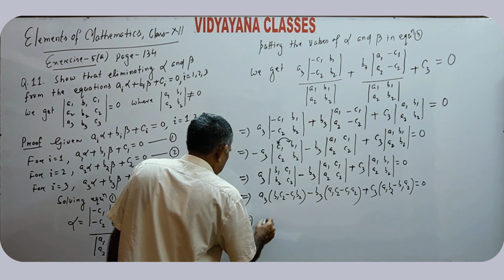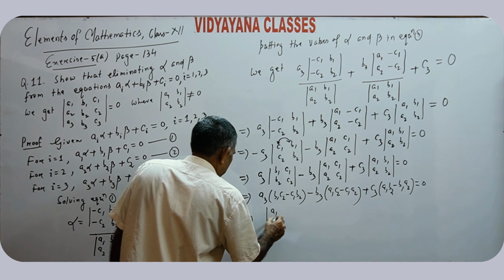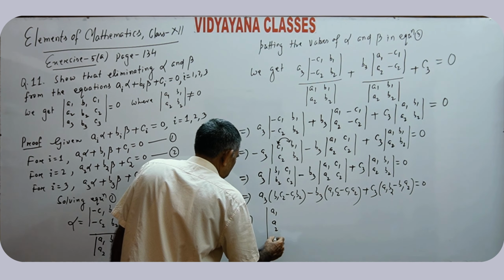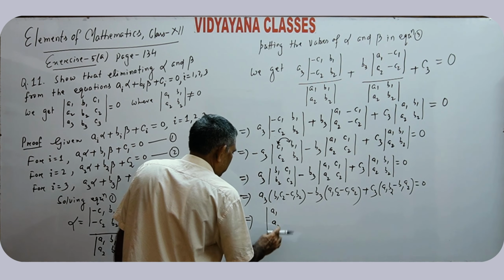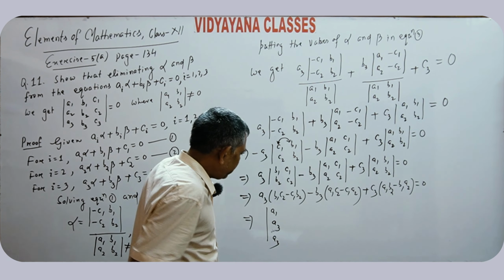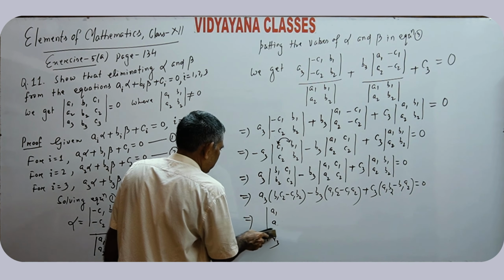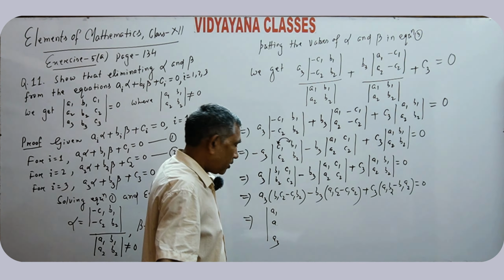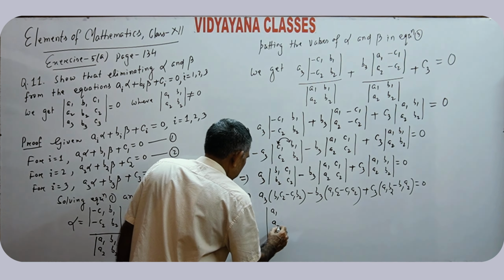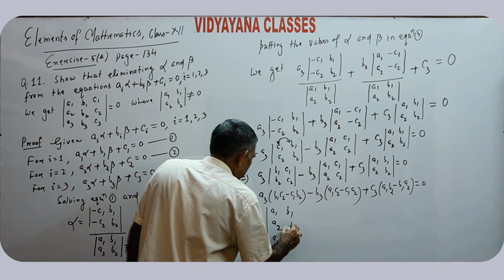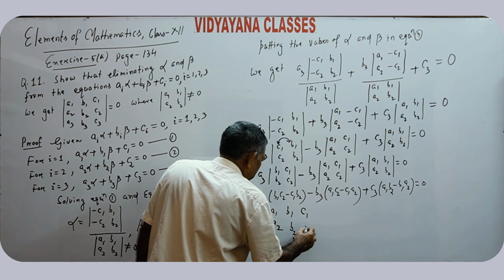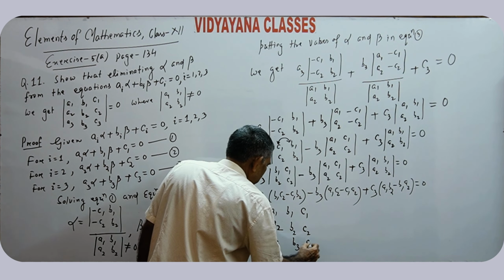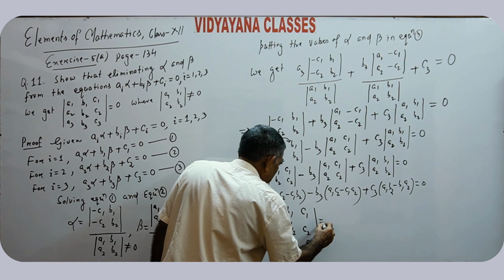It is the determinant having elements A1, A2, A3, B1, B2, B3, C1, C2, C3 is equal to 0.